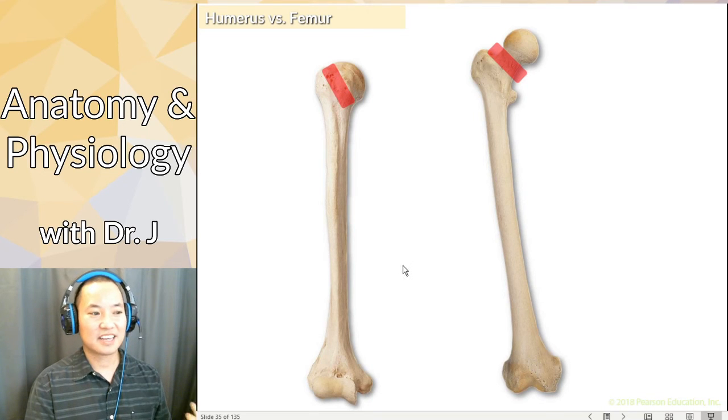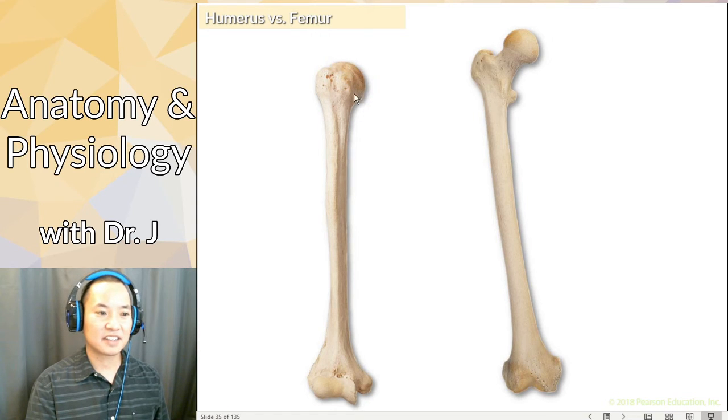So remember that humerus has a very thick anatomical neck compared to the femur. So the femur, you can see the neck is pretty distinguishable, and the humerus has a very thick neck. There's a slight indentation, but it's not as clear-cut as the femur. So I look at the neck. Is it very clear? Or is it kind of fused together with the head? If it's fused, it's a humerus. If it's pretty distinguishable, it's probably a femur.